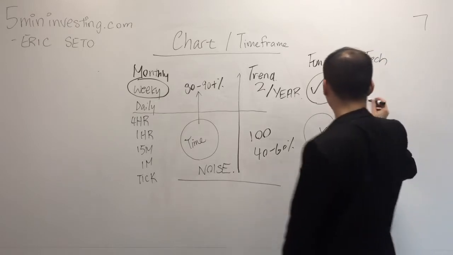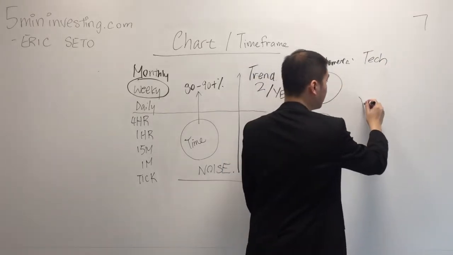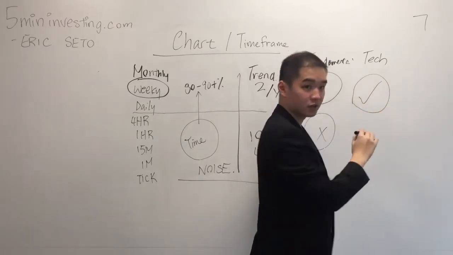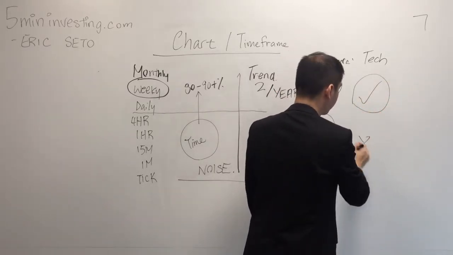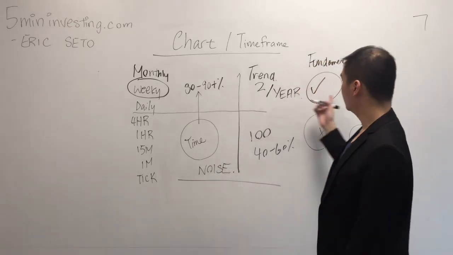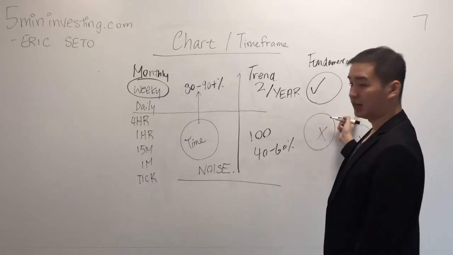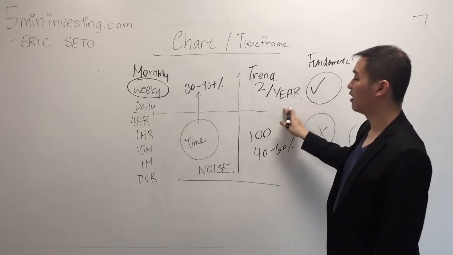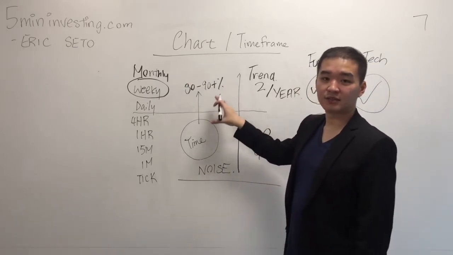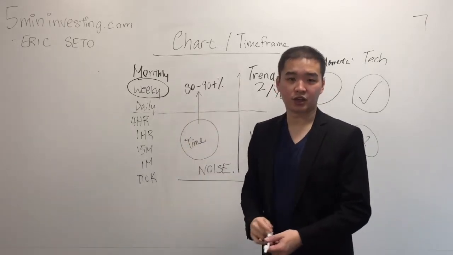But it applies better and more reliably on a higher time frame chart than the lower time frame. Again, if you're looking at just these two indicators, it applies a lot better on the higher time frame, and your chance of succeeding will be a lot higher. And that's why I only use weekly charts.